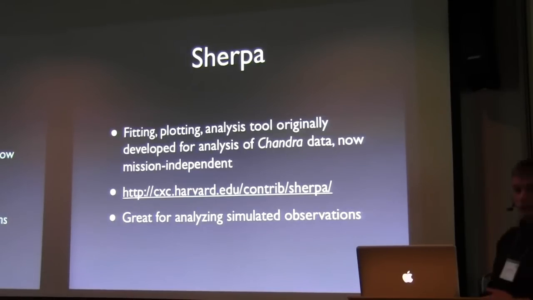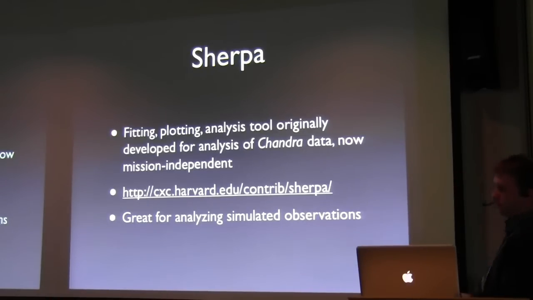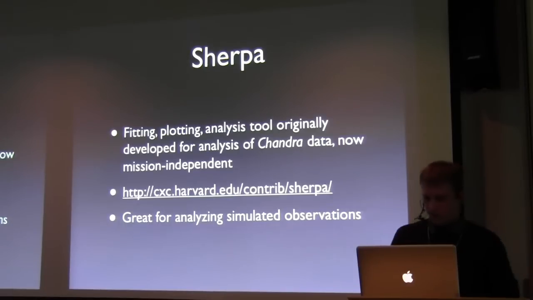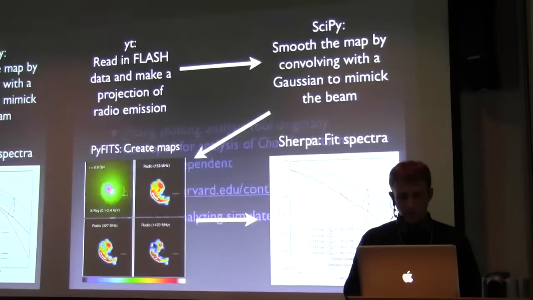But it's great for analyzing simulated observations. If you create a simulated projection for some kind of mission, whether it's X-ray or radio emission, and you can create a synthetic spectrum from a number of these files taken at different frequencies, then you can fit that spectrum in Sherpa to a model and get out a lot of interesting analysis that you can compare to real observations.